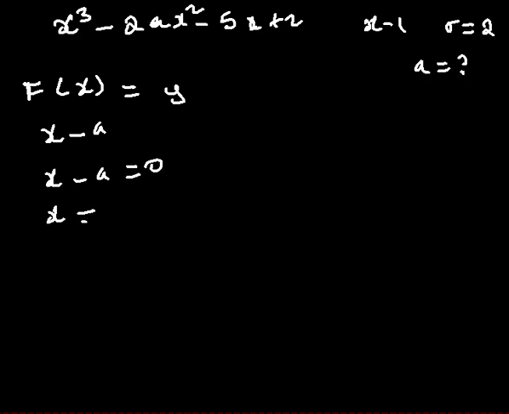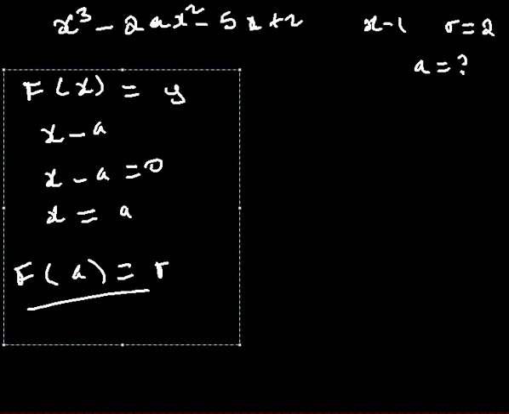In this case, x is equal to a. Now the remainder of this expression when it is being divided by this one is given as f of a is equal to the remainder. So this is the principle that is to be used in that case.